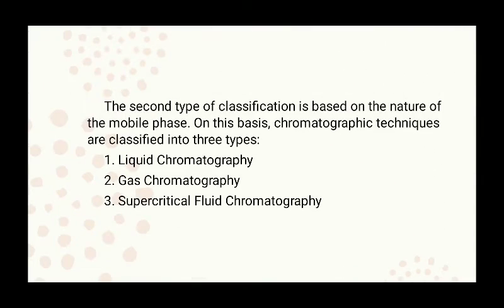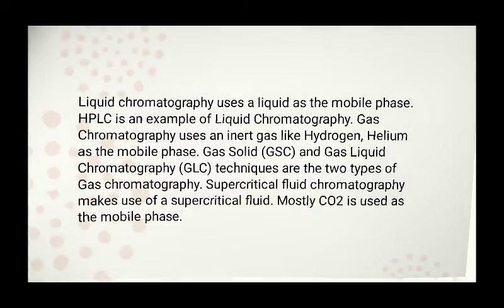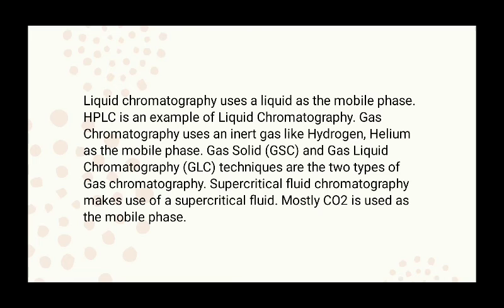The second type of classification is based on the nature of the mobile phase. On this basis, chromatographic techniques are classified into three types: liquid chromatography, gas chromatography, and supercritical fluid chromatography. Liquid chromatography uses a liquid as the mobile phase.